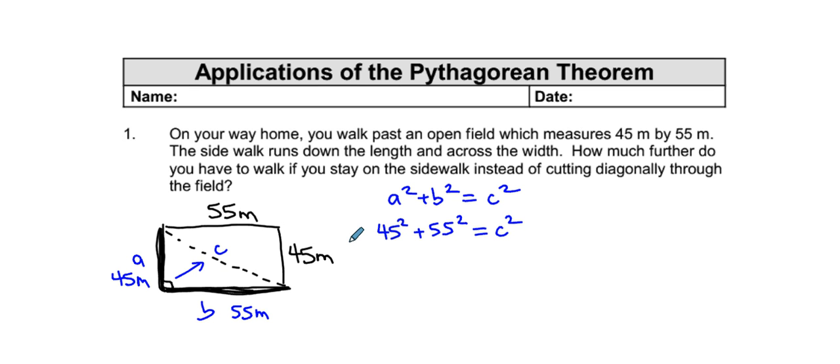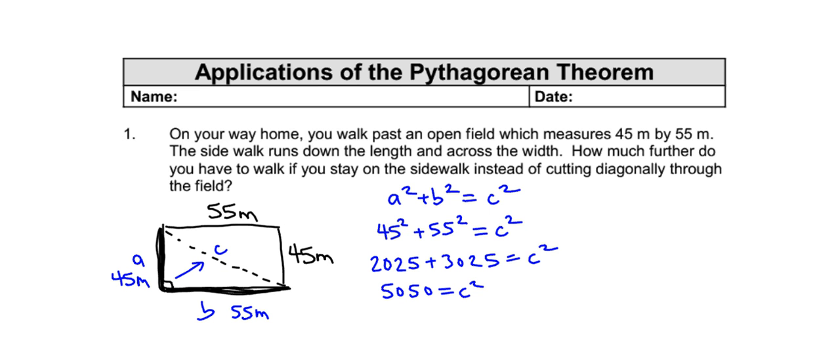So then I take my calculator and I work out 45 squared to give me 2,025. And then I work out 55 squared, which is 3,025. And that's still equal to C squared. 3,025 plus 2,025 is 5,050.